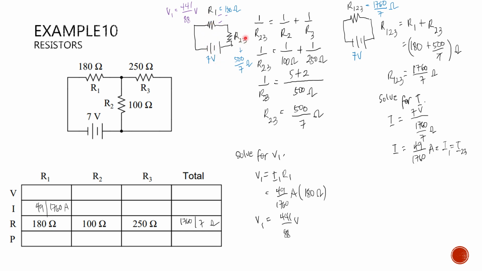So meaning we can solve for V23 by subtracting this from 7 volts. So we're going to solve for V23. So that's 7 volts minus 441 over 88 volts. So 175 over 88 volts.